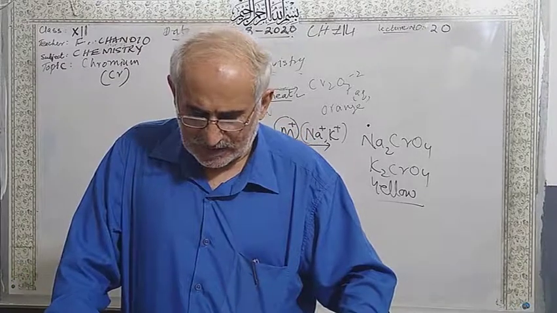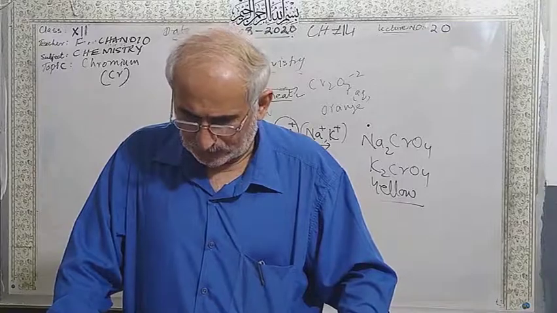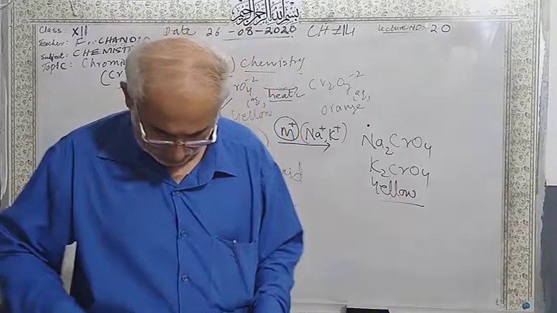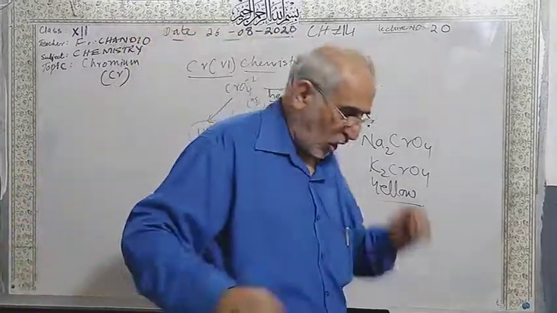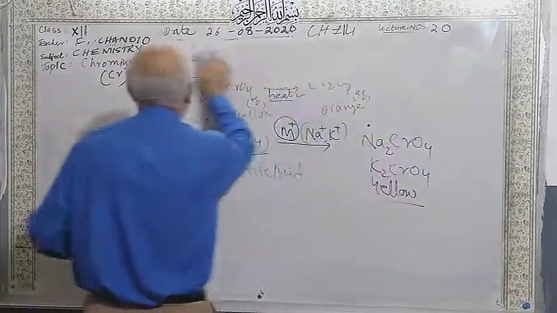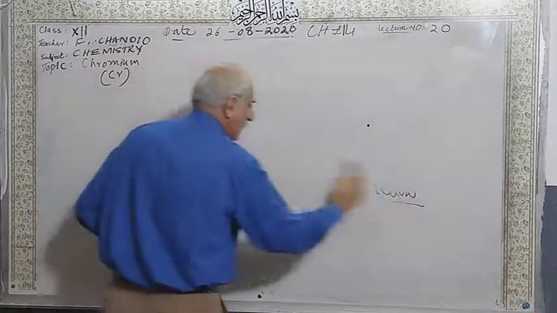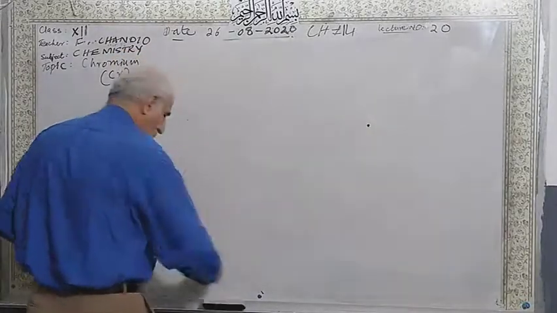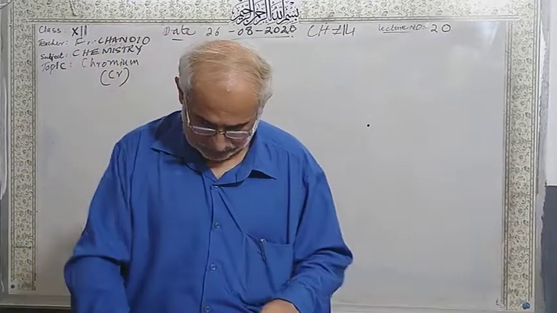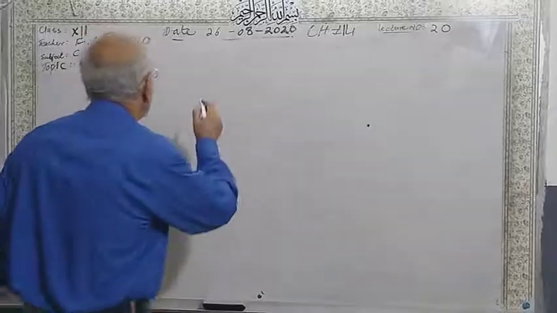When acidified, the yellow color of the solution changes into orange dichromate. So how do we change yellow chromate into dichromate? So this is a chromate.